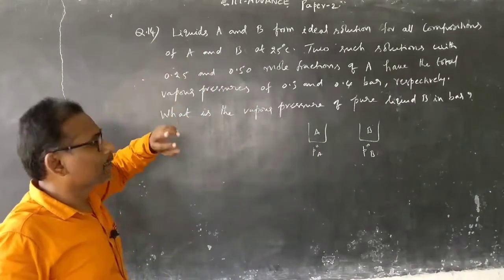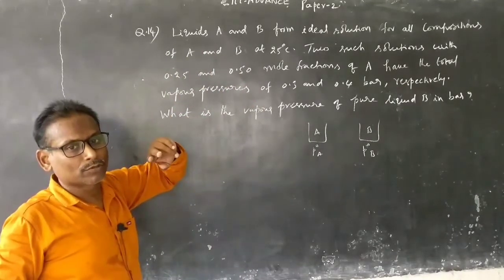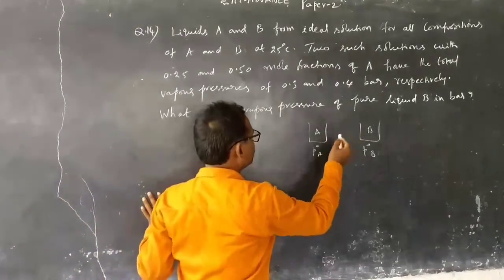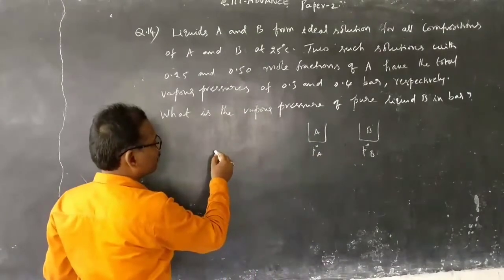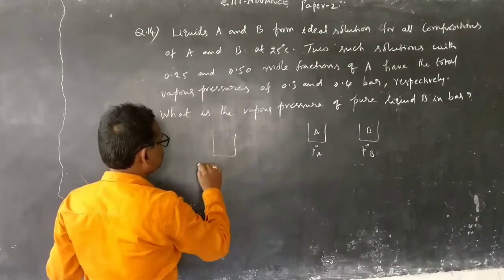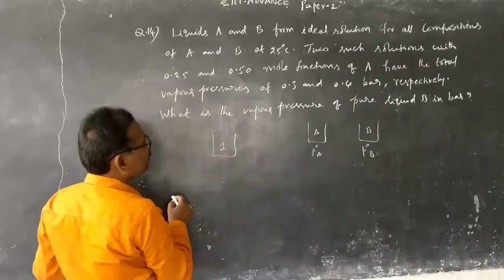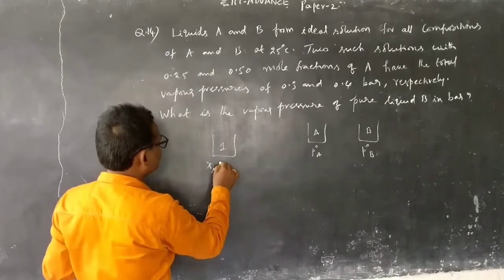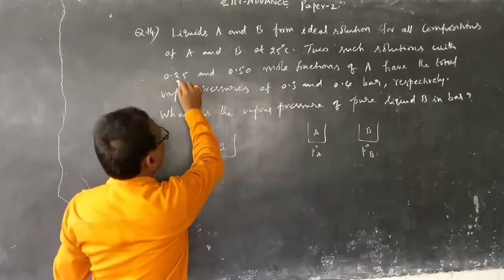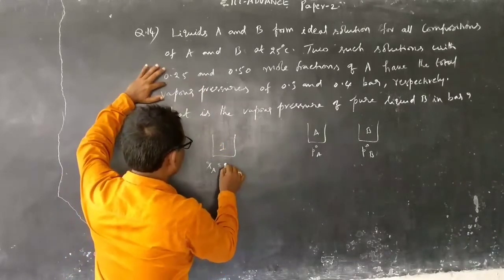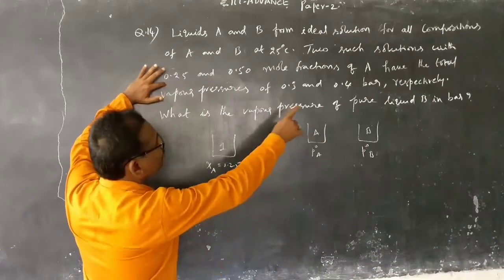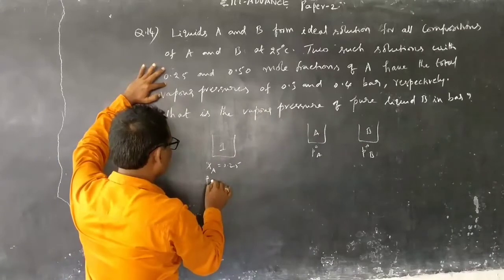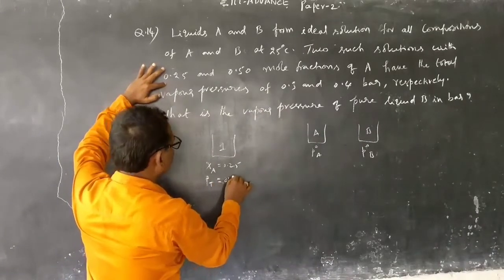That means they prepared two different compositions on mixing of A and B. If we take solution 1, where the mole fraction of A is 0.25, then the total vapor pressure will be 0.3 bar.